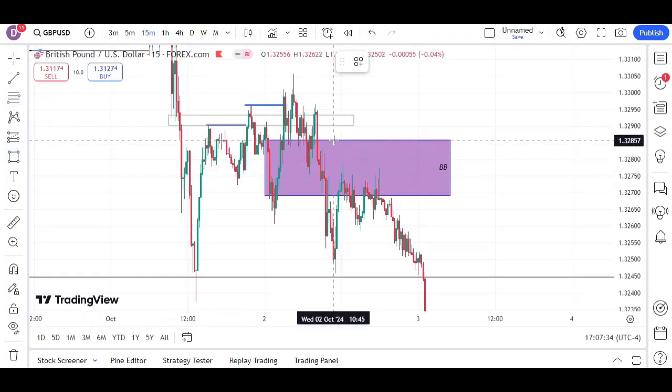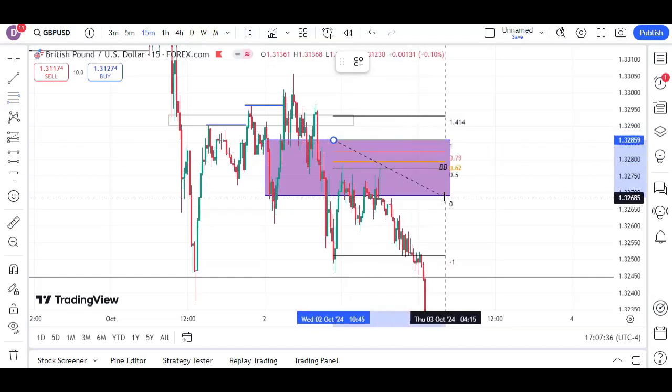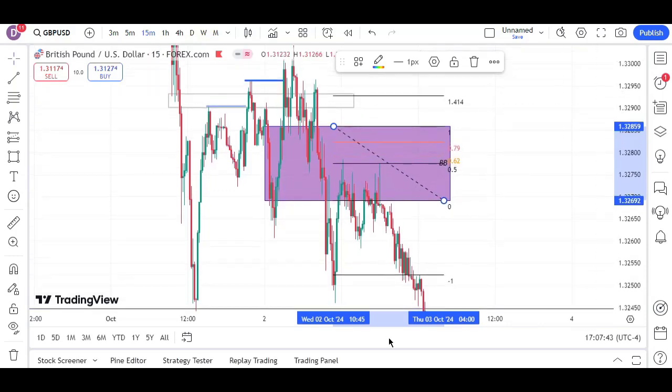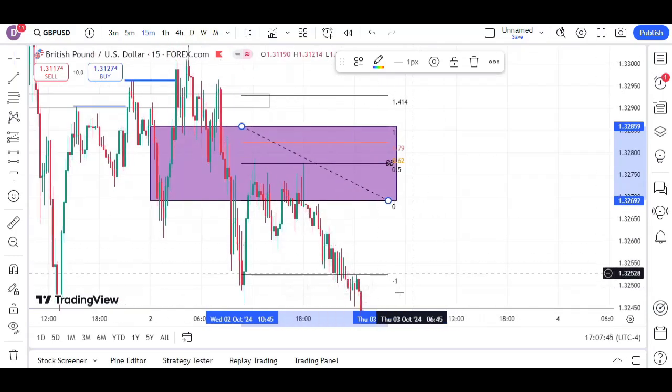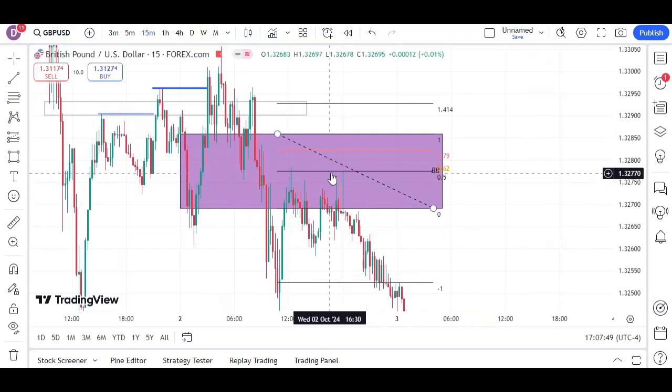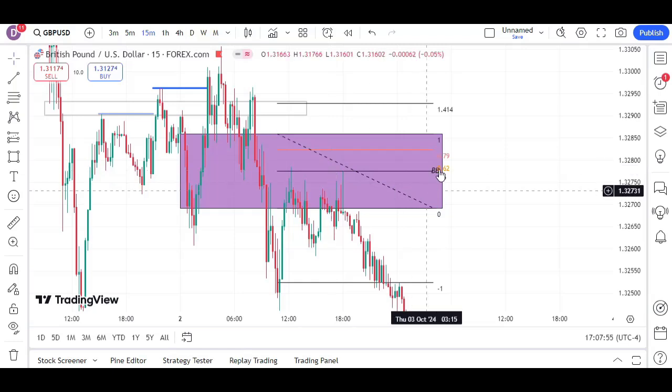So right from this point, from the top of the rectangle to the low of the rectangle, you draw your Fibonacci level, and this middle point right here, this is the 50% level.